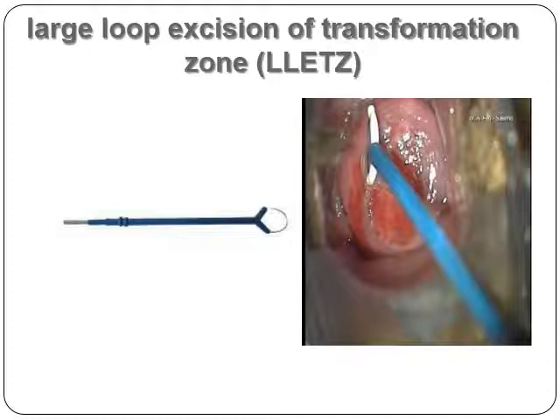Here we can see the loop, the LLETZ loop. You can see it moved from one side to the other to remove a wedge-shaped area of the cervical tissue.